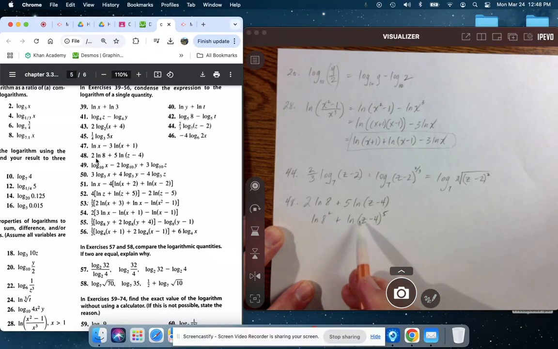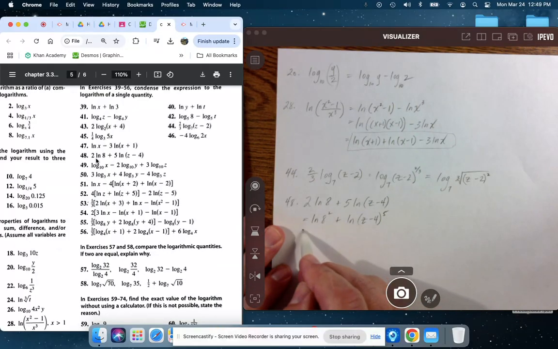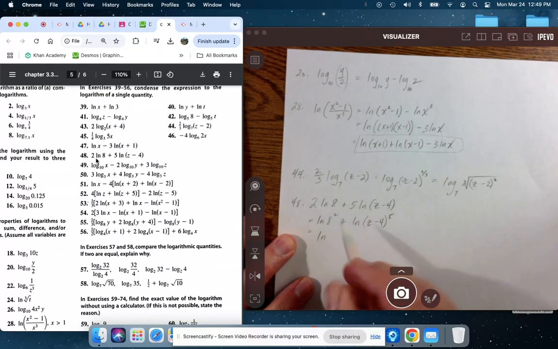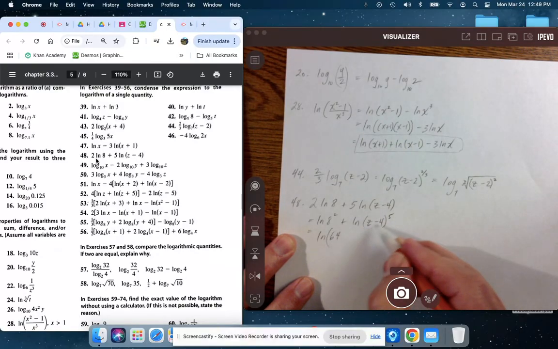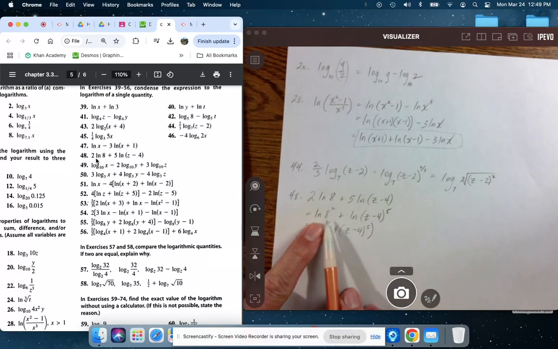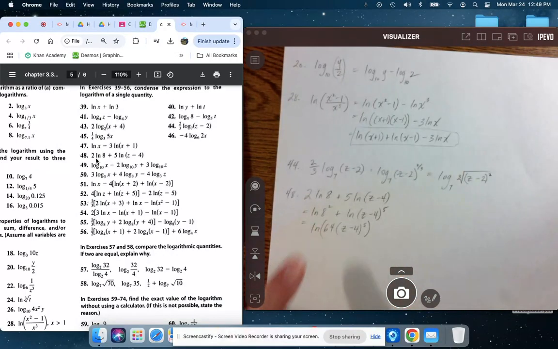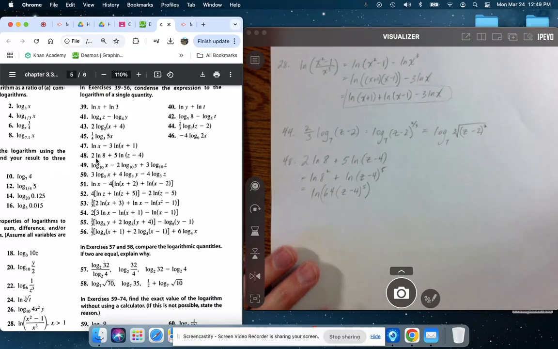Okay, now since they're being added, I can put this into a single logarithm. So natural log of, now 8 squared is just 64, so I'm just going to write 64 for that. And then this would be z minus 4 to the 5th power, like that. So basically 8 squared times z minus 4 to the 5th. And that should be as condensed as we can get that.